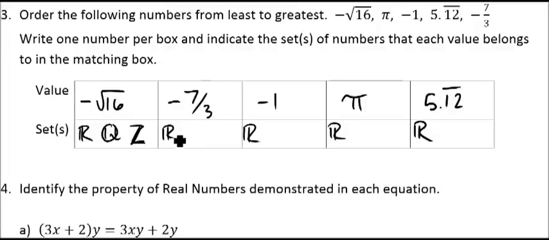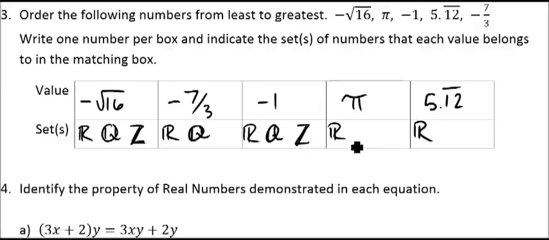Negative 7/3 is a real number, and it's also a rational number, because I can write it as a ratio of two numbers. Negative 1 is a real number. It's also a rational number, because I can write it, for example, as negative 5/5. I can write it as the ratio of two numbers. And it's also a member of the set of integers.